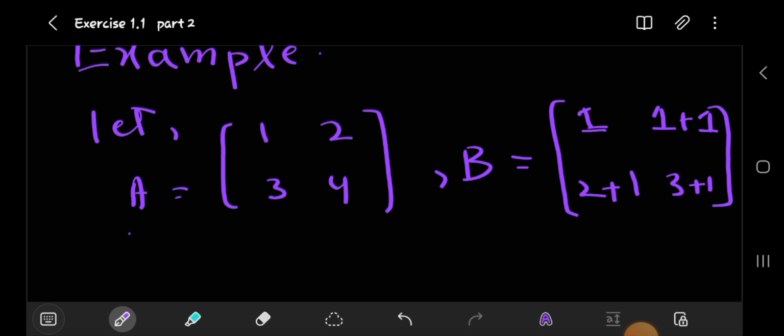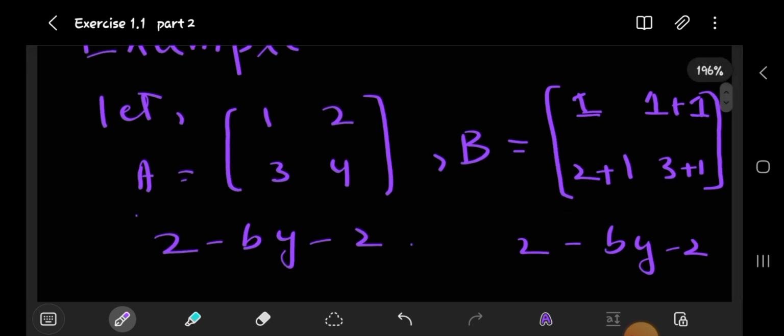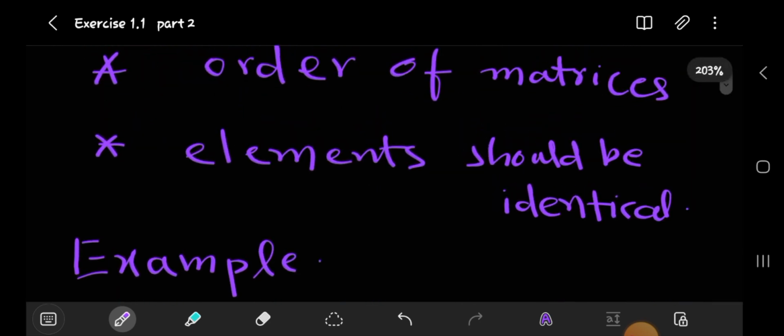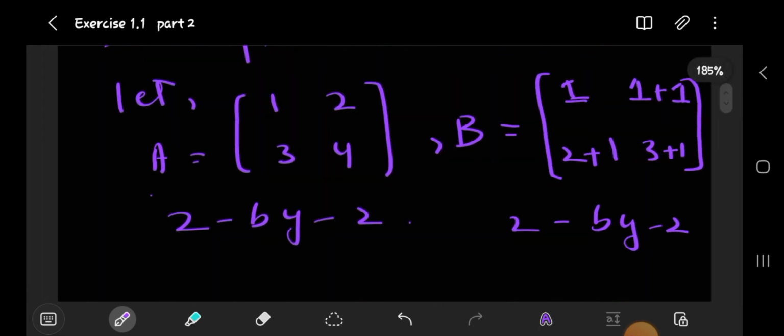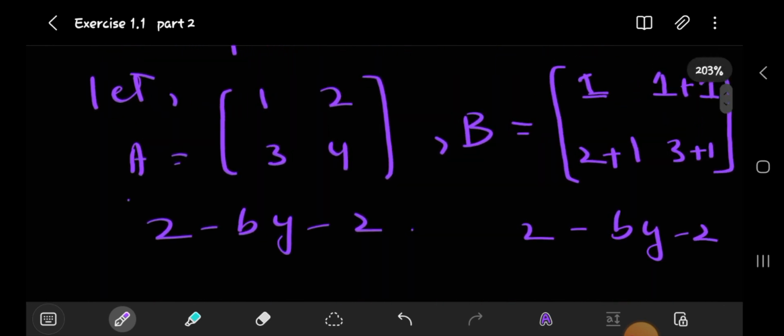And if we check the order of B, then its order is also 2 by 2. Both matrices have order 2 by 2. Now the next thing is that elements should be identical. The elements of matrix A are 1, 2, 3 and 4.